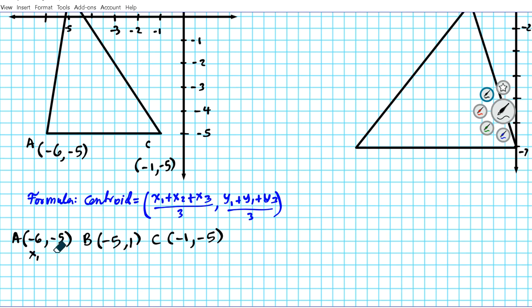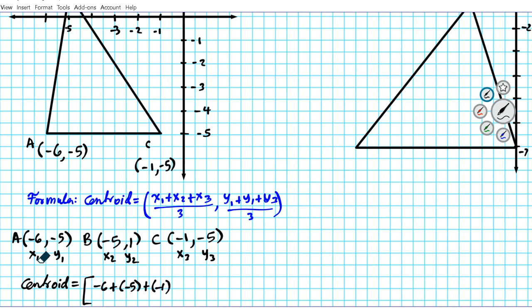So this is x1, y1 for the first point. Second point, x2, y2. And then third point, x3, y3. It doesn't really matter the order that you place them in. You will still get the same answer. Okay, so the centroid is going to be the sum of the x's, -6 plus -5 plus -1.